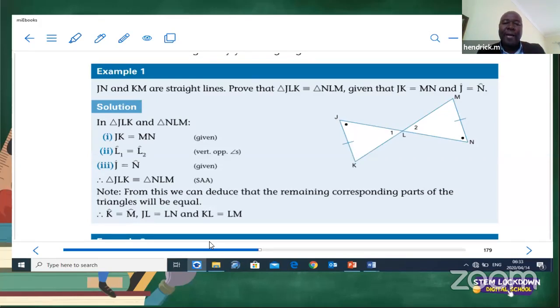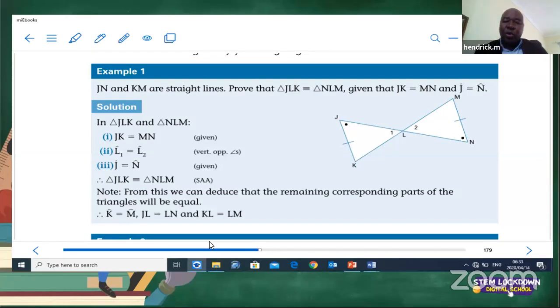We have an example here. JN and KM are straight lines. They are given there. You need to prove that triangle JLK is congruent to triangle NLM. And you are also given that JK is equal to MN.